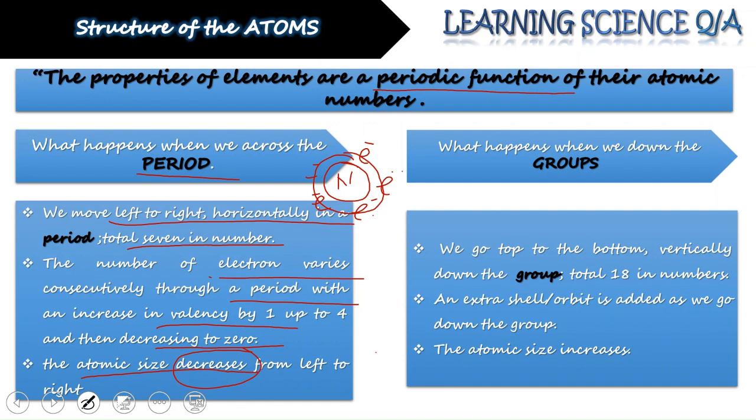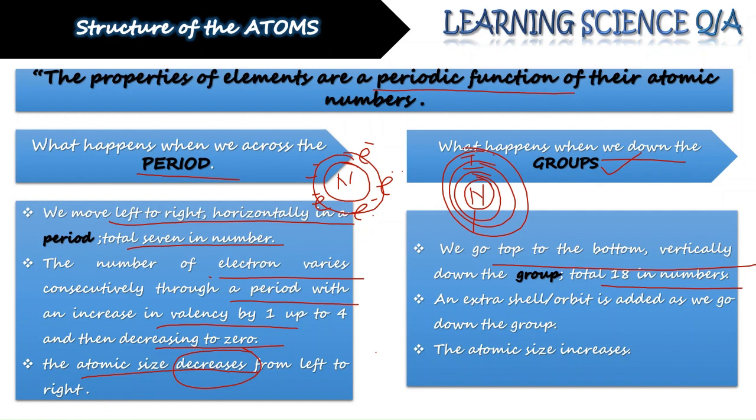Now let's see what happens when we go down the group. Going from top to bottom, or vertically down, are the groups in the periodic table. Groups are total 18 in number, and as we are going down the group, an extra shell is added. Suppose we are talking about the first group, then we have one shell. In second, we have two shells, then third shell, and then fourth shell, because the number of outermost electrons is not changing.